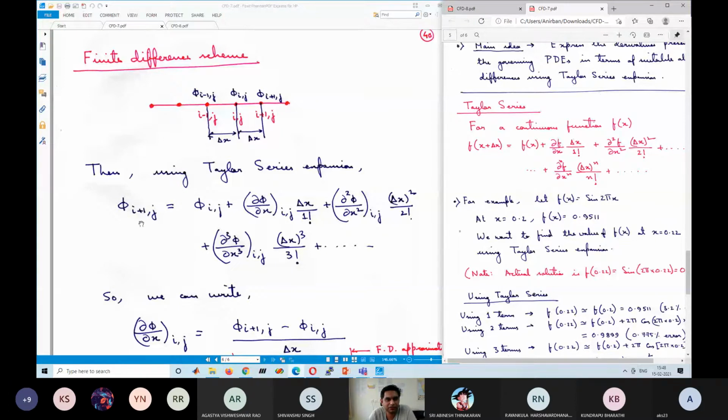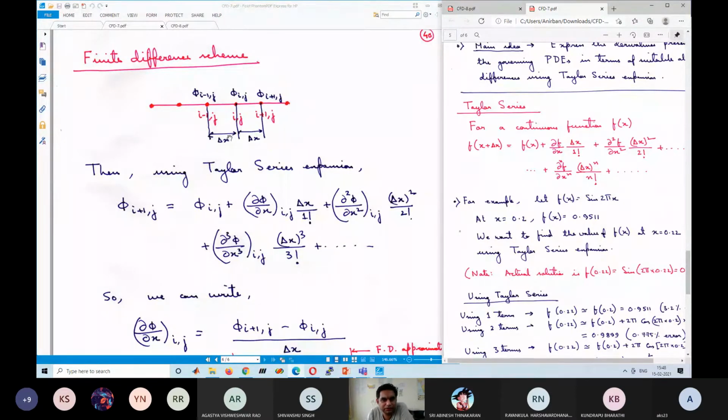So phi I plus 1 comma j is equal to phi ij plus the first derivative with respect to x, del phi del x at the point ij, into delta x by factorial 1, plus the next term, del square phi del x square at ij, the second order term at the same point ij, into delta x square by factorial 2.